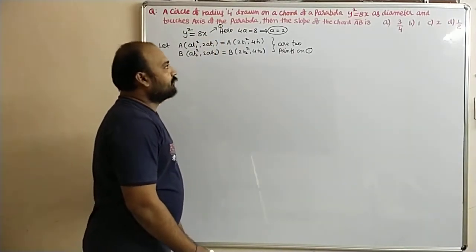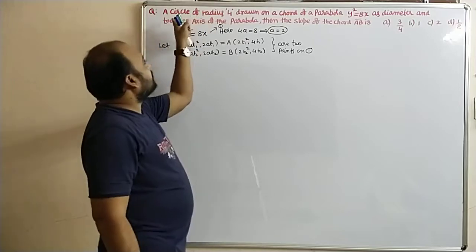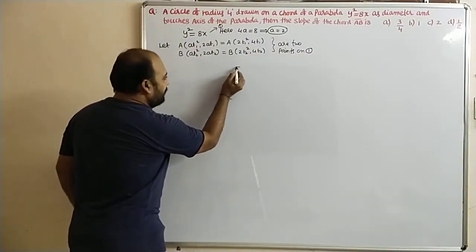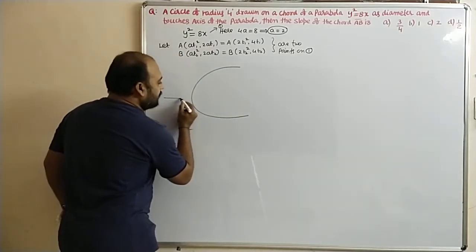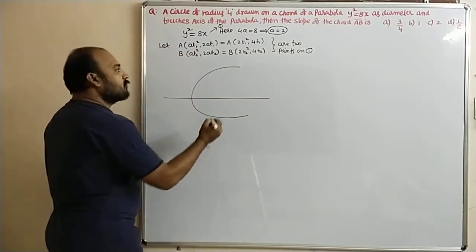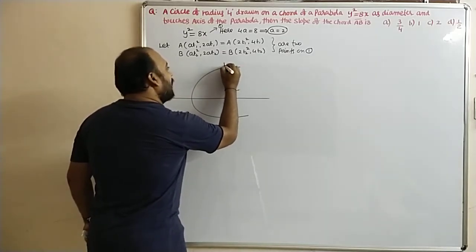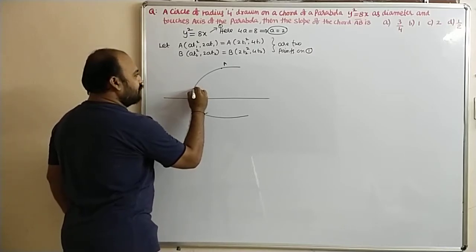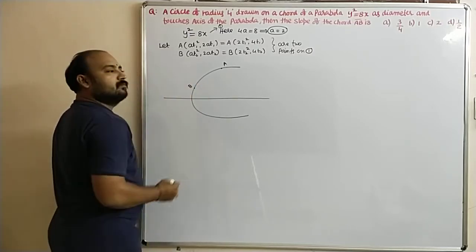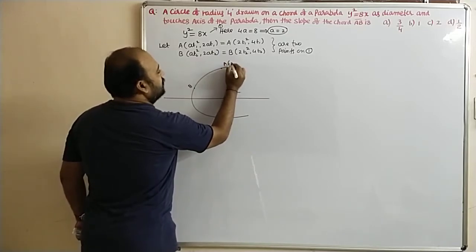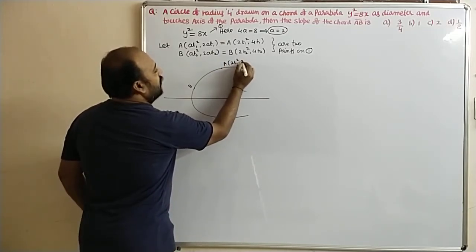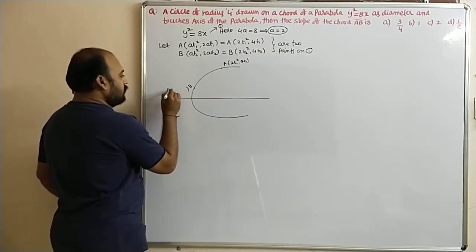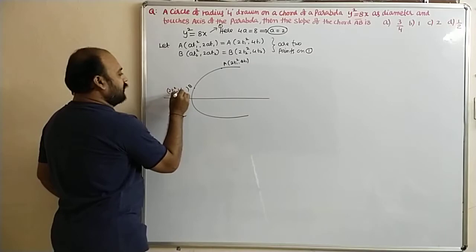So here, a circle of radius 4 is drawn on a chord of the parabola. See here, if you draw the figure, this is the parabola y square equal to 8x, and A is a point on the parabola and B is another point. We know the points are A (2t1 square, 4t1) and B (2t2 square, 4t2).